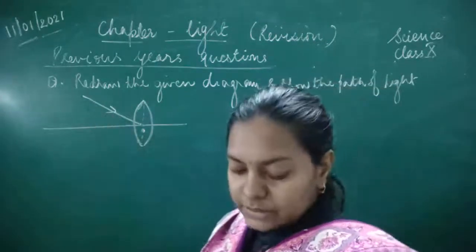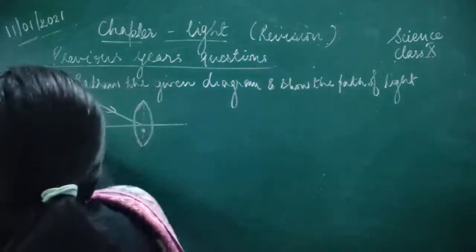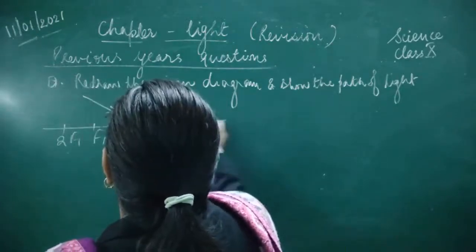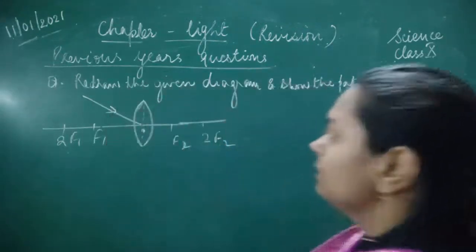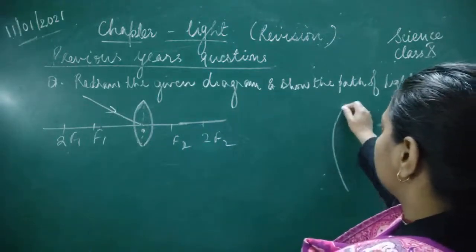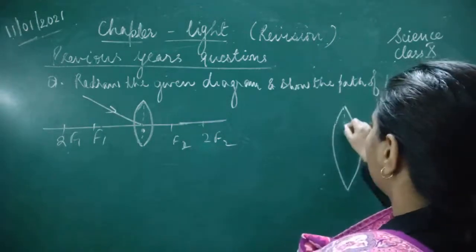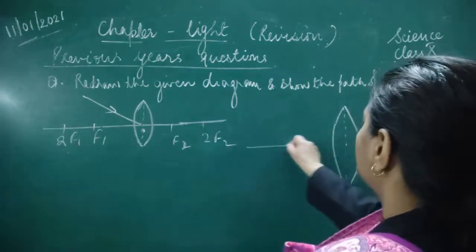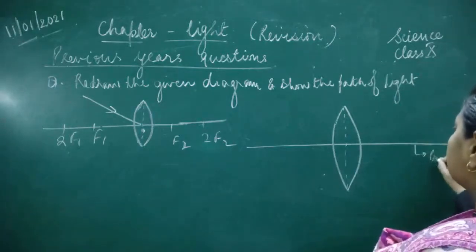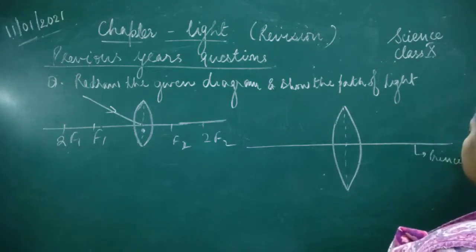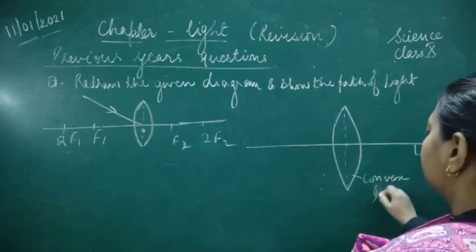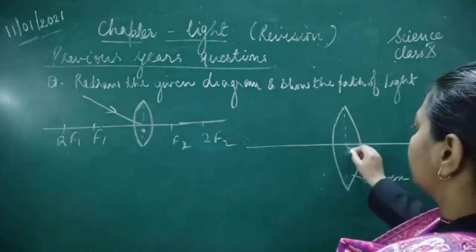Since this is the incident ray, it is written over here F1, this is 2F1, this is F2 and 2F2. Okay, so for this what you will do, you will redraw this. You will make one convex lens, you will draw its optical center, you will draw the principal axis. Okay, so this is known as the principal axis. This is the convex lens, this is the optical center.